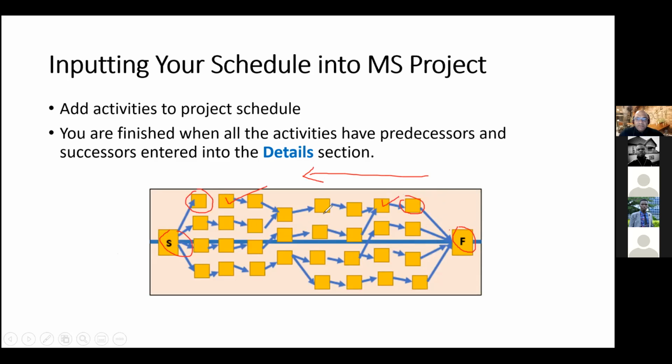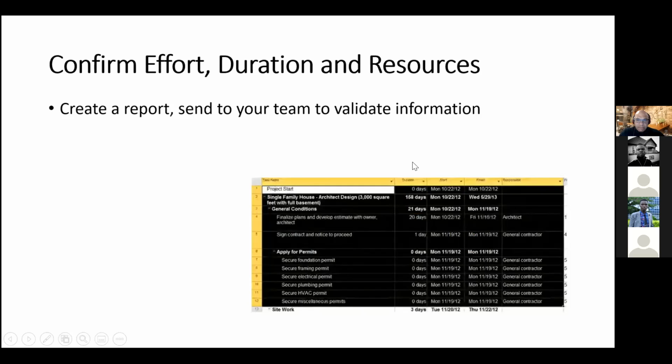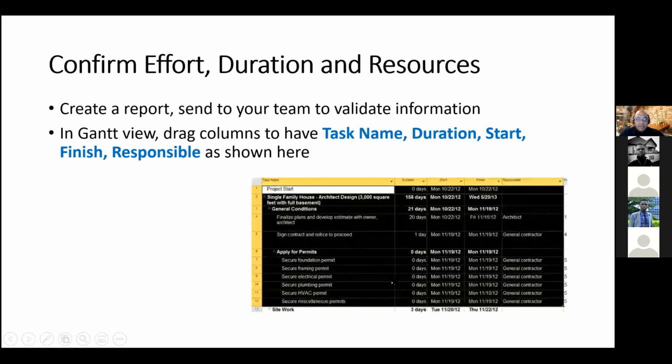You're starting backwards, right? All right, so once all these things are entered, you're going to be able to send all this information to your team to be able to validate it, right?